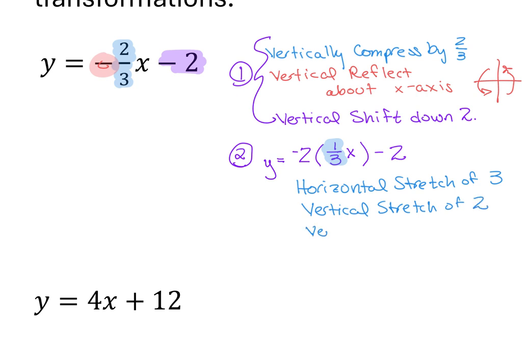We also have, again, a vertical reflection about the x-axis. And we also have a vertical shift down 2.